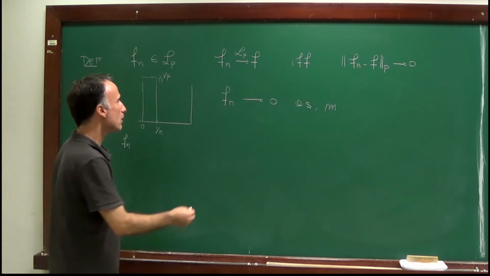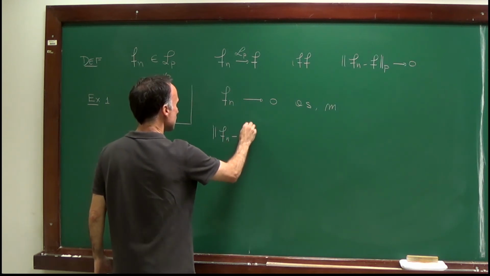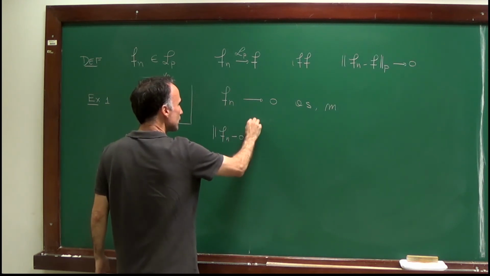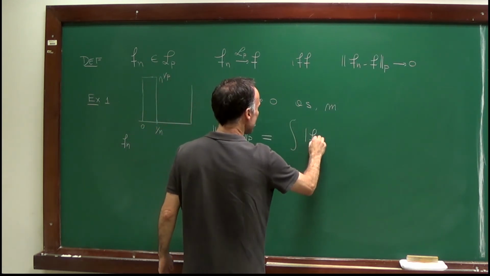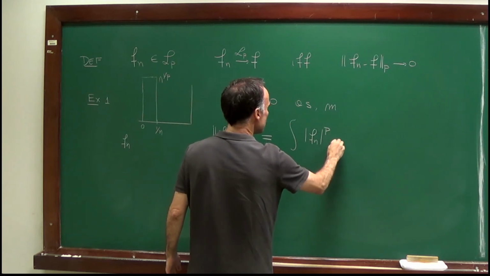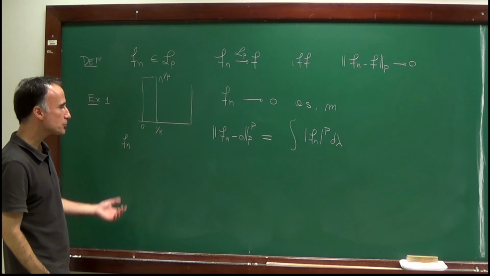But if you now consider the norm of fn minus 0 to the power p, and let me take power p, so this is equal to the integral of fn to the power p. Of course, we are here considering the Lebesgue measure.